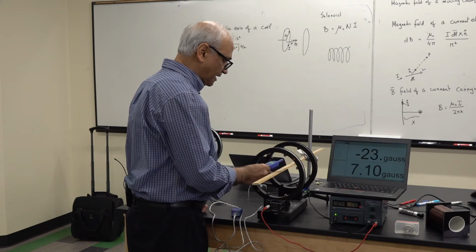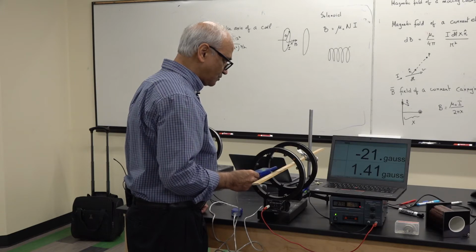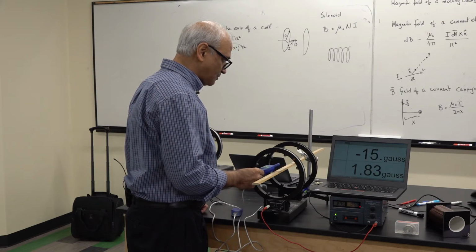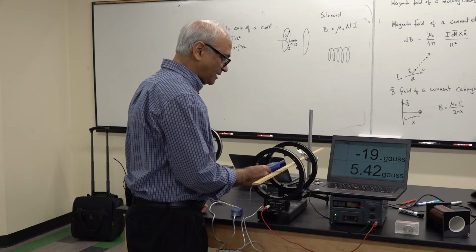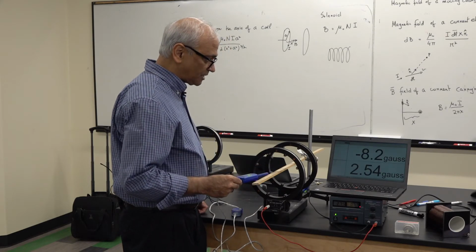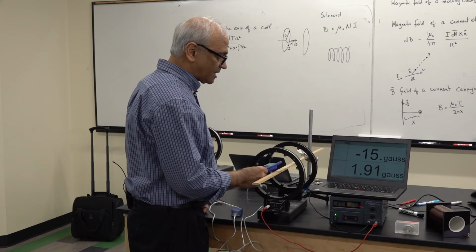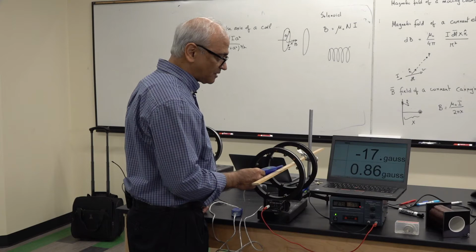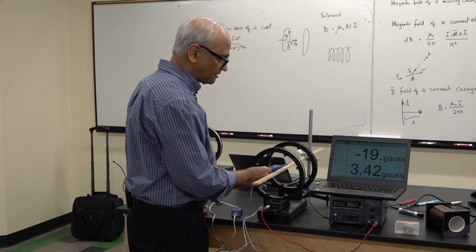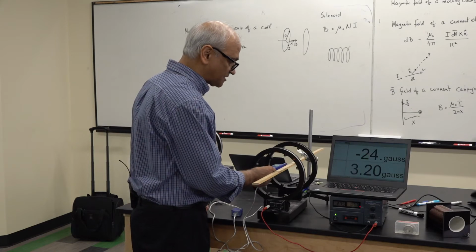Okay, and right here, it's from 22. I was hoping it wouldn't drop that much, but you can see that it's kind of stable over here. But if I come out here, it drops right away. And here, it does drop, but it's more or less a stable number. You see that 16, 17, 18? That number is more or less stable. And then it goes up again when I come to the center.